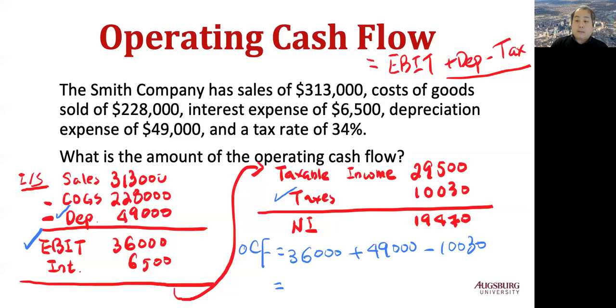So operating cash flow is $74,970. That's how to calculate operating cash flow.